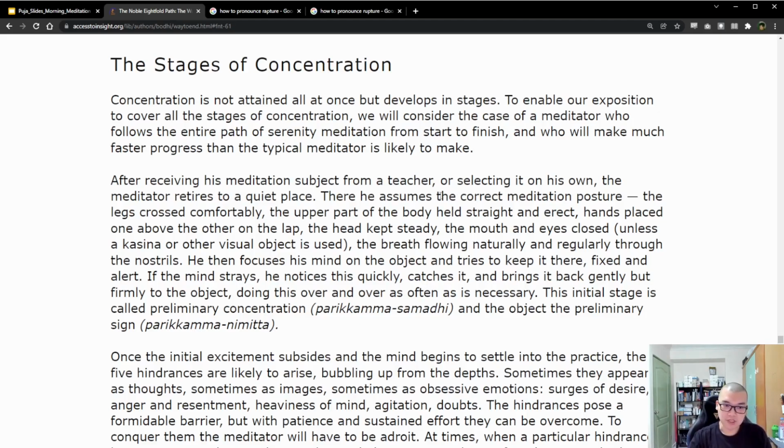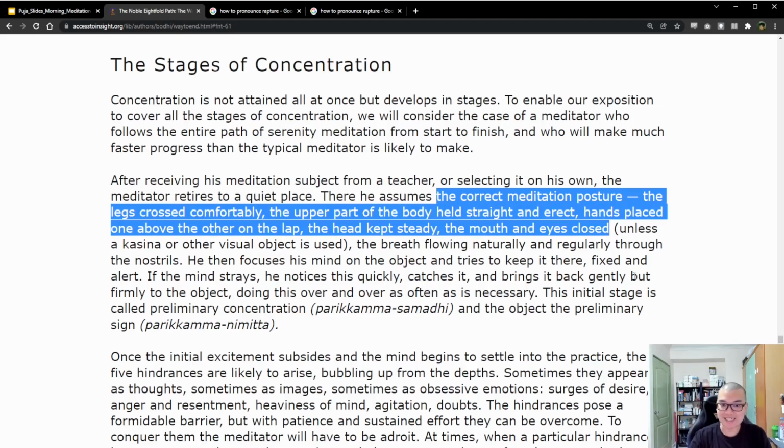About the correct meditation posture, this is just a general guideline. The guideline that you should use, and the one that I learned from Luang Por Viradhammo, is to find a posture that you can hold comfortably for as long as you can. Some people have different kinds of bodily problems.